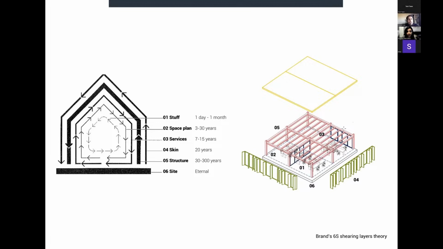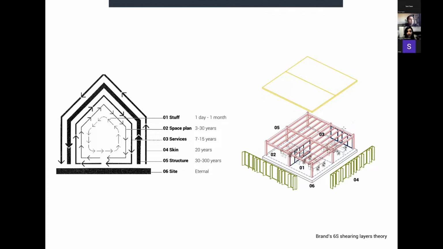And then there's the space plan, which is the interior layout of the building, which involves the floors, walls, and the ceilings itself. In a turbulent commercial space, generally they change or adapt within 3 years or so, but in a quiet home, the space would change between 10, 15, or sometimes 30 years. And then the last layer is the stuff which we put in these spaces, like chairs, desks, lamps, or plants, which adapts very rapidly, I would say.